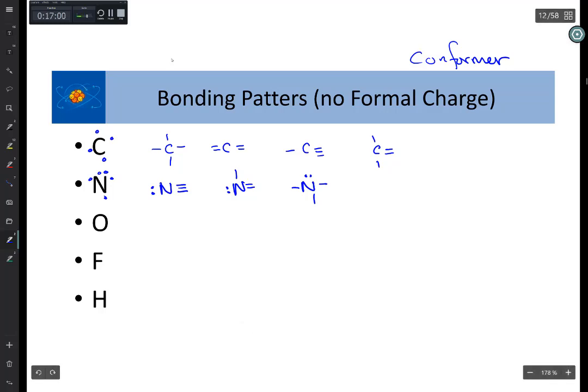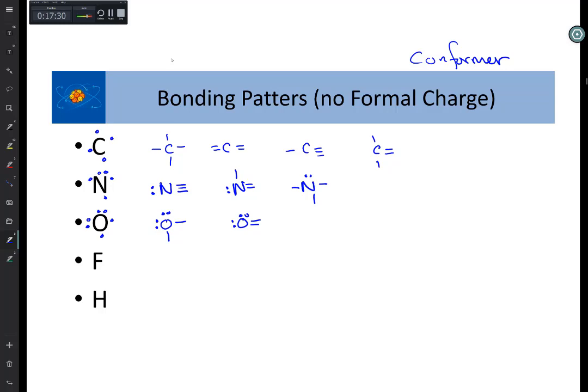Okay, all right, oxygen. Oxygen's Lewis dot looks like that, right? So what do you expect? You expect 2 bonds and 2 lone pairs. With single bonds, it looks like that. You can have a double bond, it can look like that, but then it'll have to have 2 lone pairs. These are the patterns that you'd expect to see whenever it has 0 formal charge.